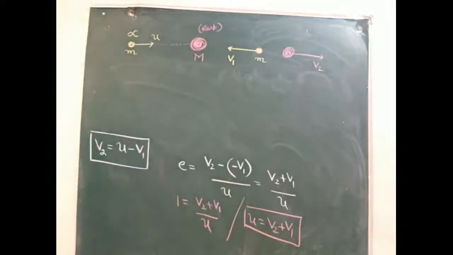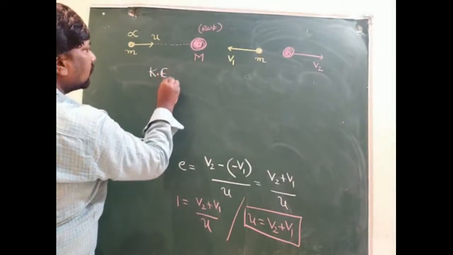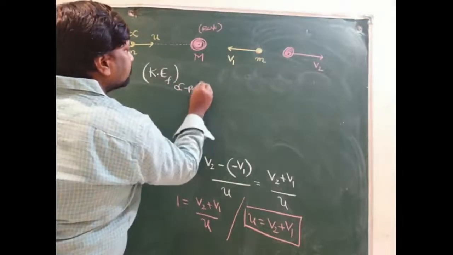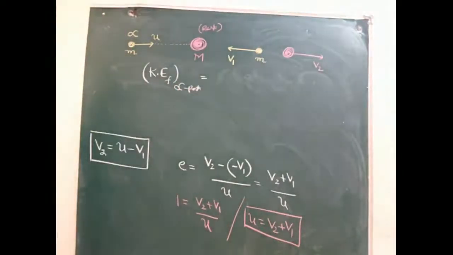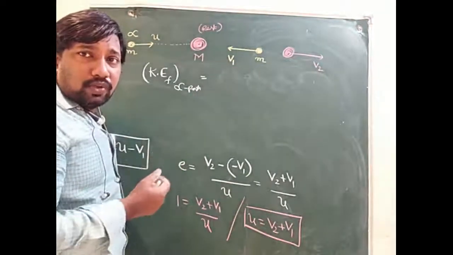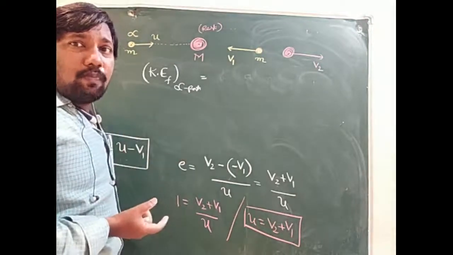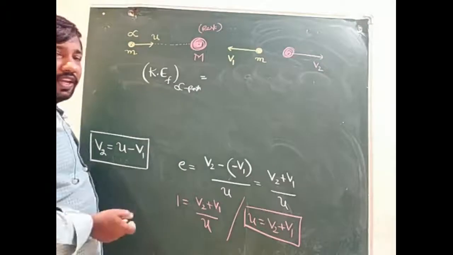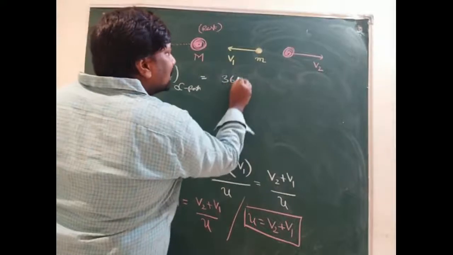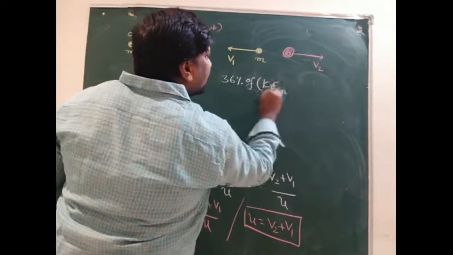Here the final kinetic energy of the alpha particle: 64% of the initial kinetic energy is lost, so the remaining part, the final kinetic energy, is 36% of the initial kinetic energy.